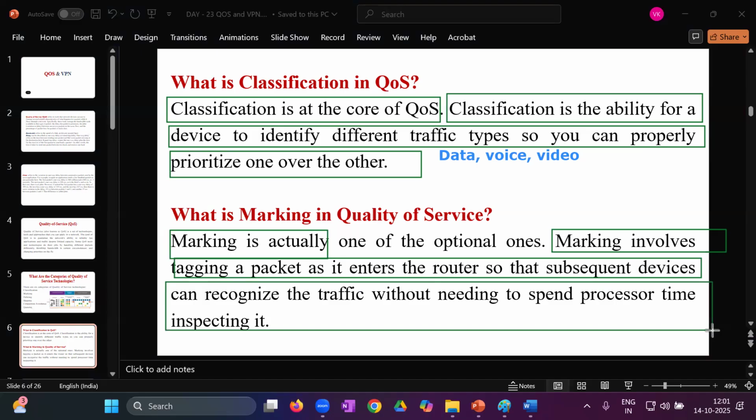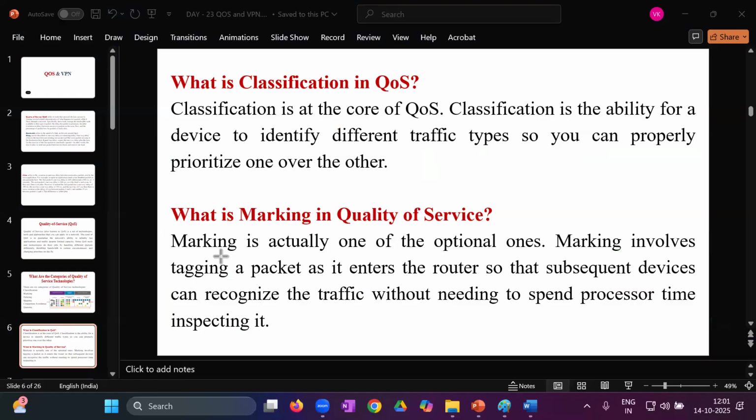When it receives the packet, it will know that this is video without inspecting it, because tagging has been done. So that device does not have to spend time identifying what type of traffic it is. This is avoided with the help of marking. So first classification, next tagging. That is called marking.